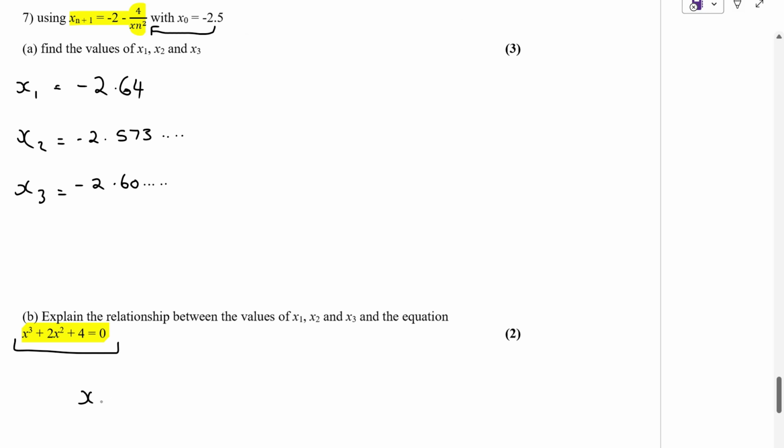So I'm going from x cubed plus 2x squared plus 4 equals 0, and I want to get to, again getting rid of these xn's, x equals minus 2 minus 4 over x squared.